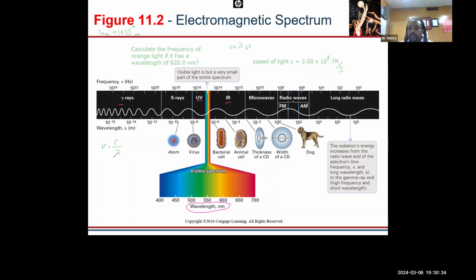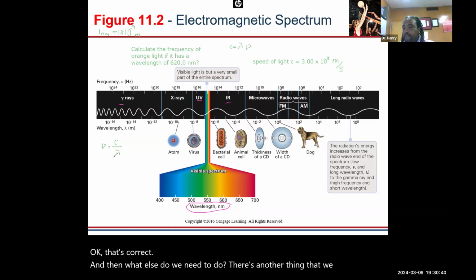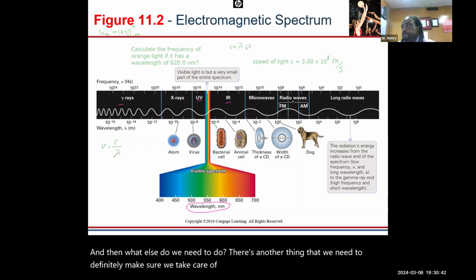That's correct. And then what else do we need to do? There's another thing that we need to definitely make sure we take care of first. Do we have to change from nanometers to meters?